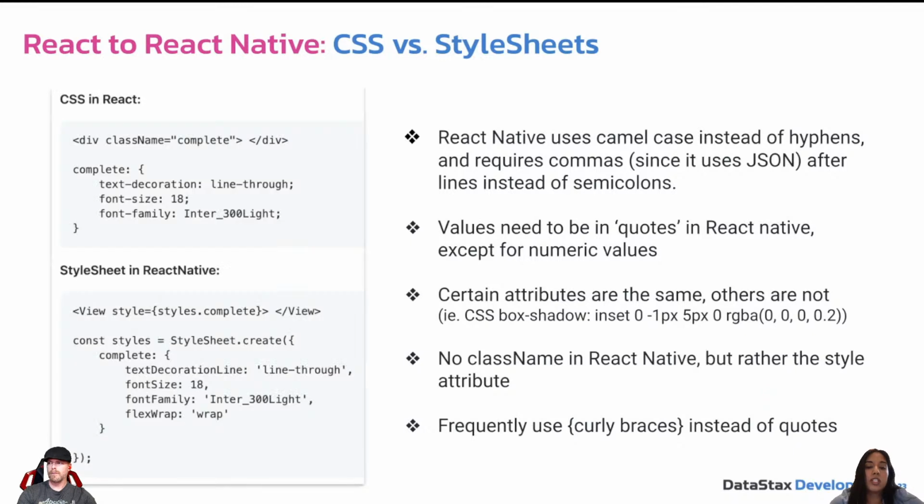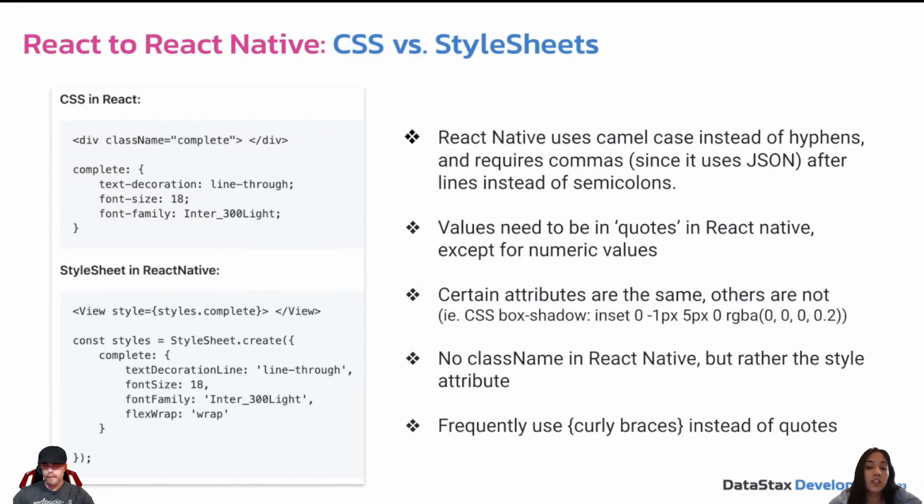So here's a little more detail on CSS versus style sheets. Above in the image here, you can see how CSS looks versus how style sheets look. What we did is, in our original app, we had a long index.css file, and we had to take each of those pieces and convert them over into each component file. So the syntax is quite different.